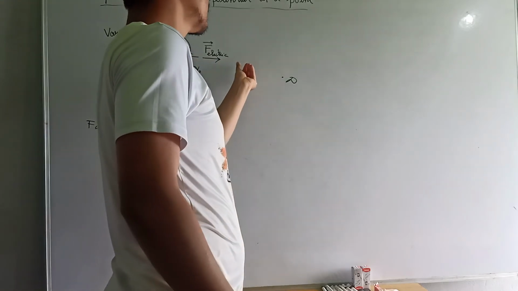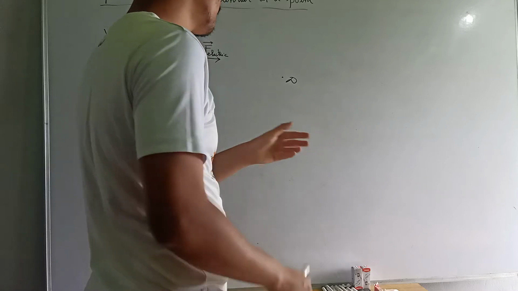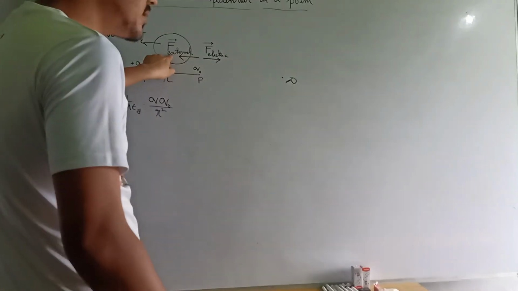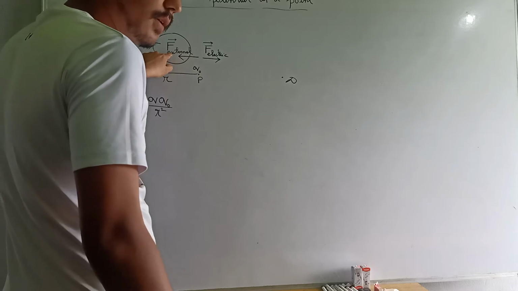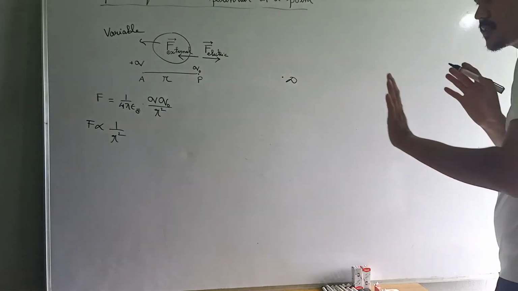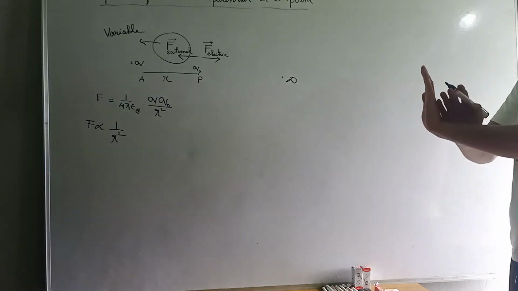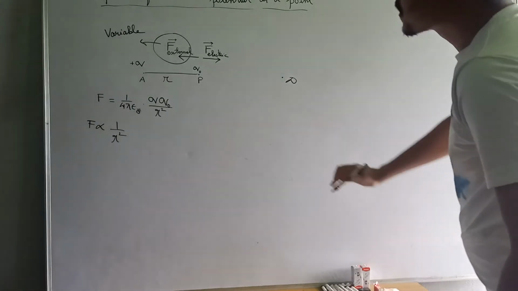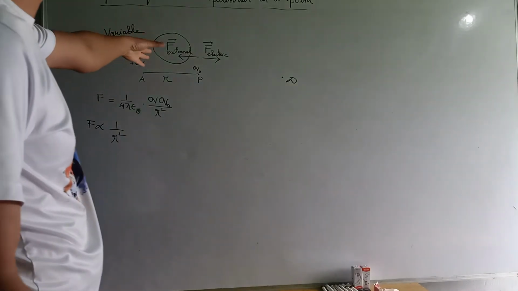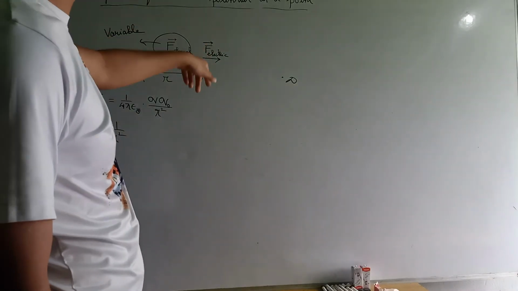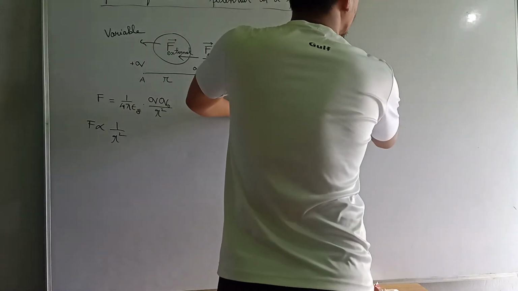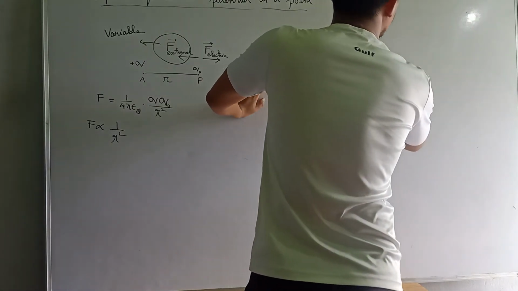As Q naught goes away slowly from A, this electric force will decrease. Then you cannot keep this as constant, right? You also need to decrease the external force that you are applying in the opposite direction. So this external force is variable. If this force was constant, then work done by a constant force is given by force into displacement.